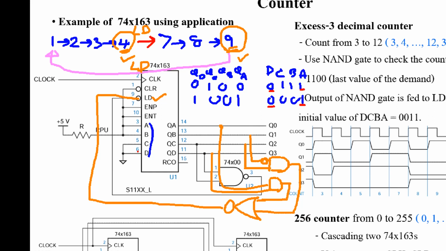So you can connect 0 to D and connect A to logic 1. How about CB? CB is 1, 0, right? Oh, it's the same as this bit, QC. So you can connect QC to C and B. That's all.